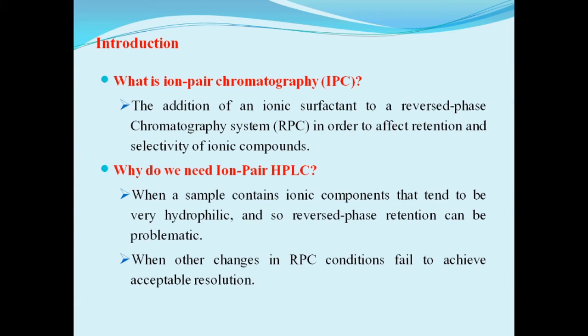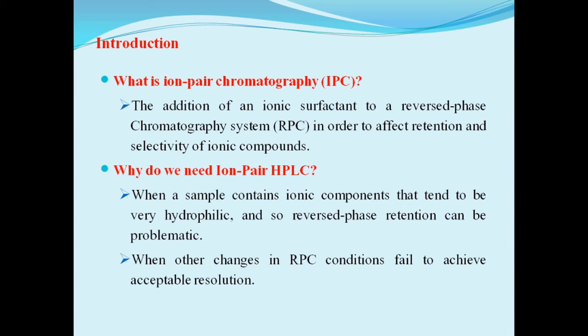First, introduction of ion pair chromatography, that is IPC. The dominating separation mechanism in ion pair chromatography is adsorption. The stationary phase consists of neutral porous divinyl benzene resin of low polarity and high specific surface area.